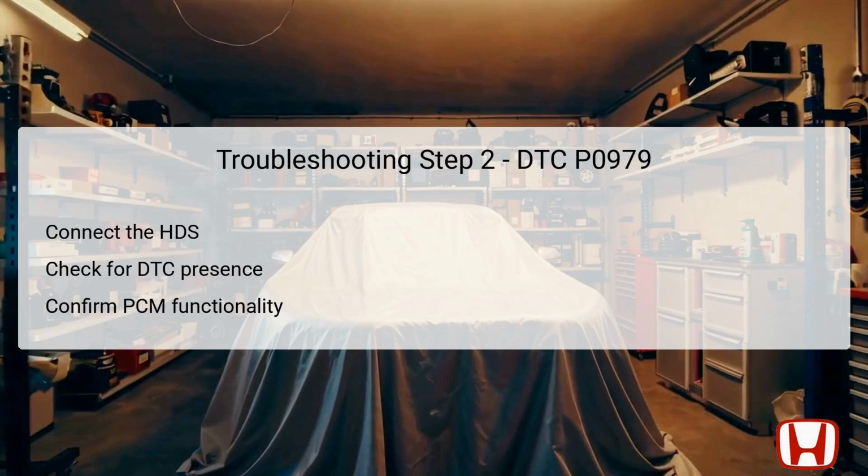In the second step, it is essential to connect the Honda Diagnostic System (HDS) tool to the vehicle's onboard diagnostic port. This tool will allow technicians to read any stored DTCs in the Powertrain Control Module (PCM) and verify if DTC P0979 is present.